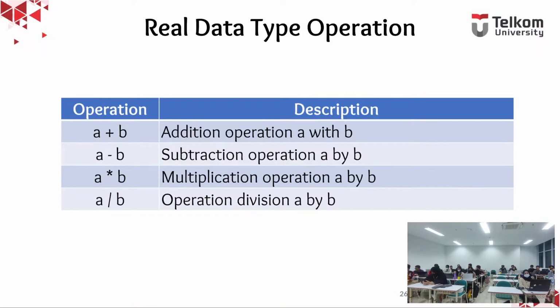Okay, next. Okay, so we have addition, subtraction, multiplication, and division. You will see the difference later, that if we perform division with real data type, it means the result will be of real data type. So please be careful. Okay, you need to pay attention whether the data type is integer or real. Okay, next.